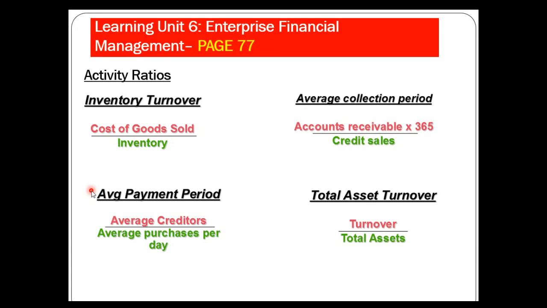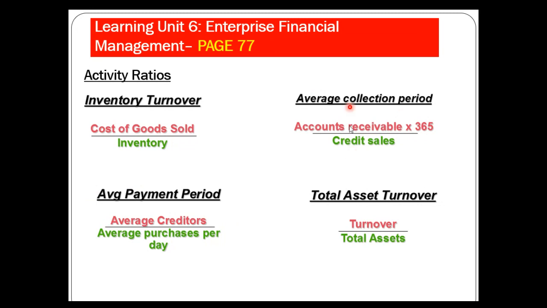The creditors normally give you the period within which you must pay back the money. So we need to have more days to pay so that we have time to collect from our debtors. To show that the ratio is favorable, here we want more days. If I can have more days to pay, it's good for us. But under average collection, we need fewer days because we're the ones collecting.